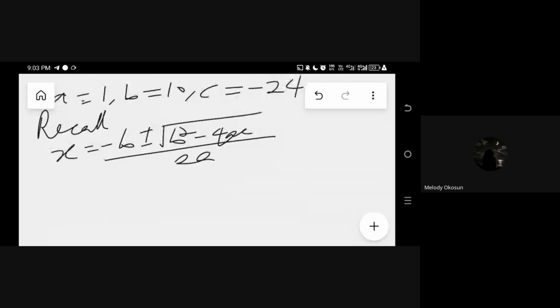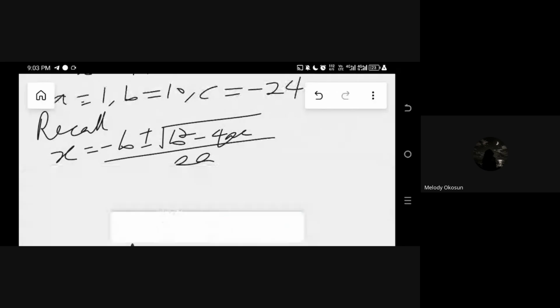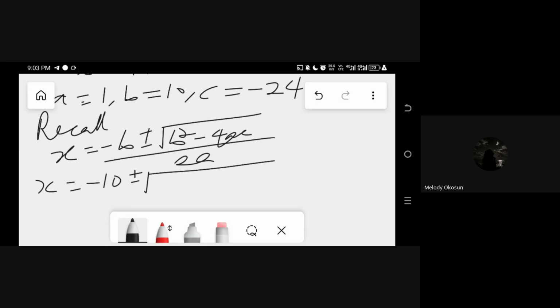So now we substitute what we have into that. We have S is equal to minus B. That's minus 10, since our B is 10, plus or minus the square root of B square.